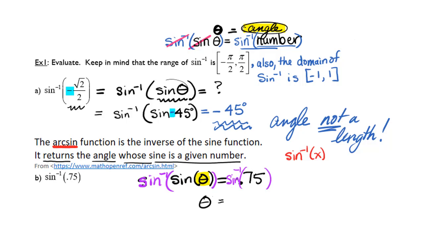And I can calculate sine inverse of 0.75. Since this is an angle and it doesn't have degrees in it, I need to think about whether this should be in radians or degrees. I'm going to use degrees because we just tend to be a little more familiar with that, but you could easily do it in radians as well.